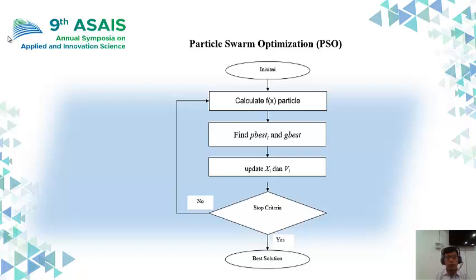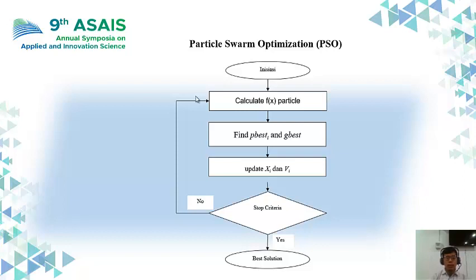The position of a particle is determined by its current solution representation. P-best or personal best, the best position of a particle, which indicates the position of the particle that is prepared to obtain the best solution.